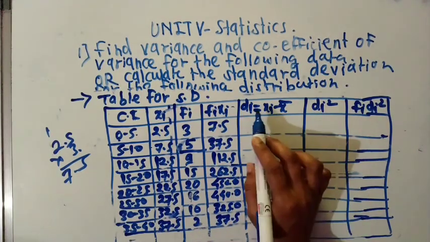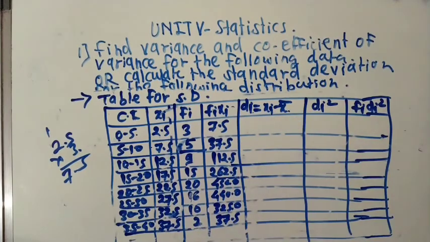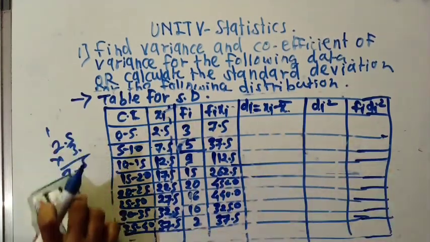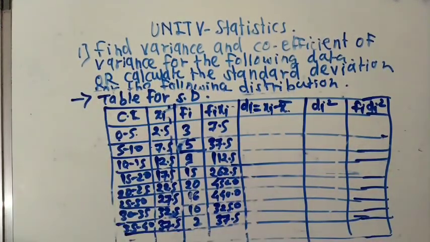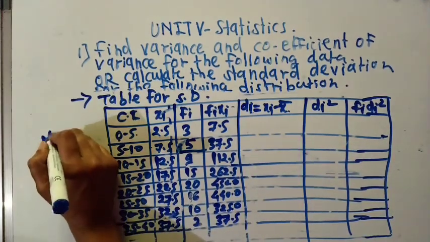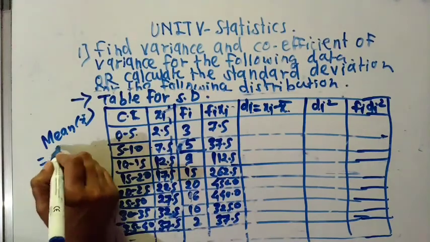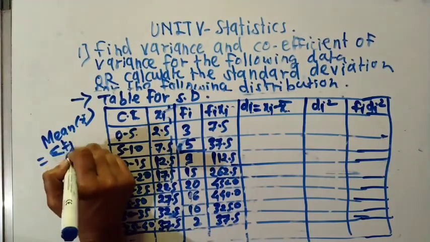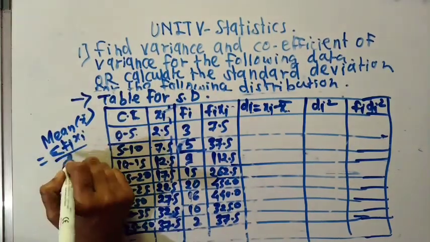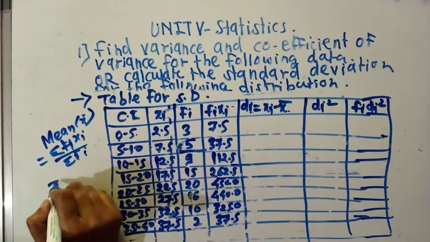Then we find out di is xi minus x bar, but mean x bar is equal to summation of fi xi upon summation of fi.